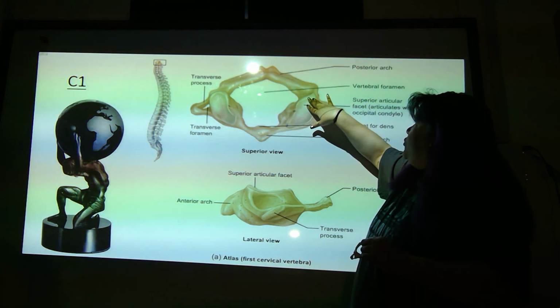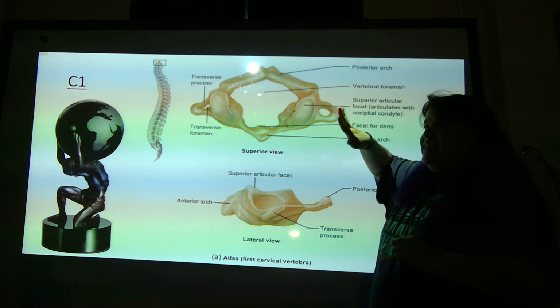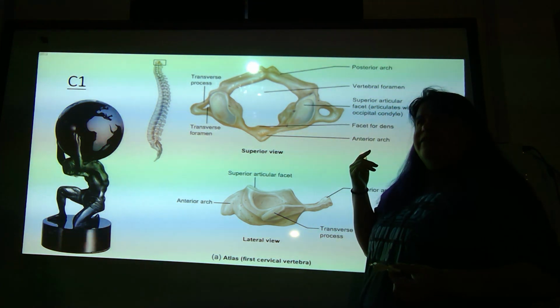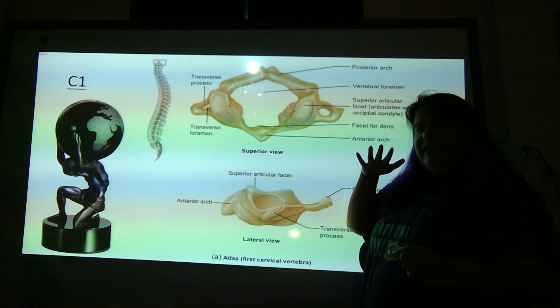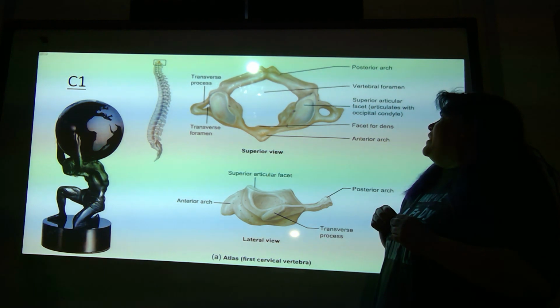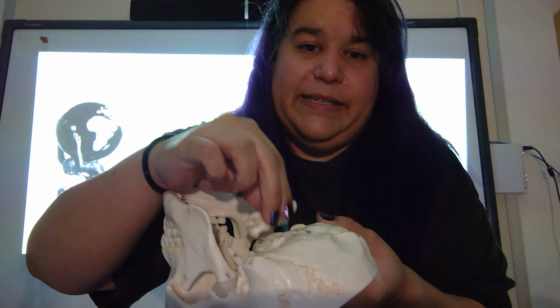Facet is going to be where something connects with something else. This is the superior articular facet. This is the part that articulates with the occipital condyle.